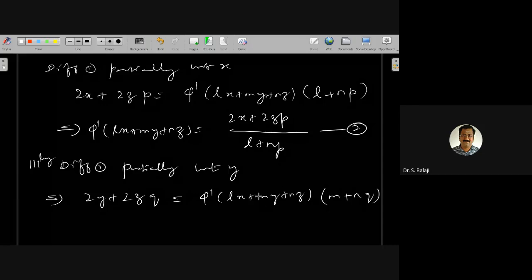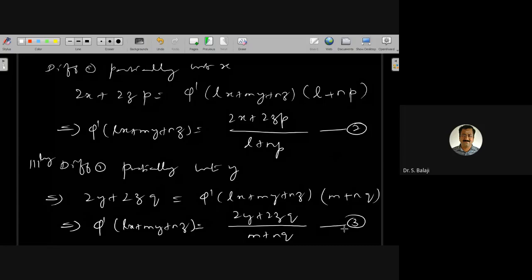Partially with respect to y, my gives m, and ∂z/∂y gives nq. Therefore, from this you can write φ' of lx plus my plus nz as (2y plus 2zq) divided by (m plus nq). This is the third equation.